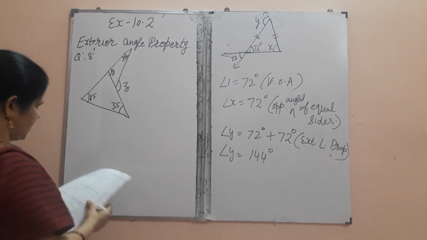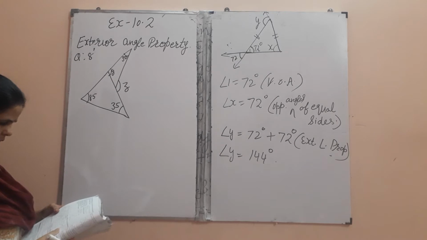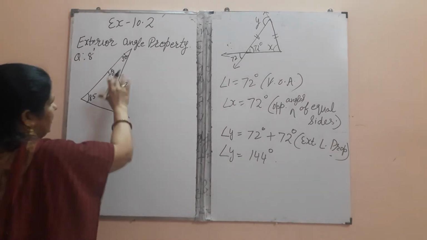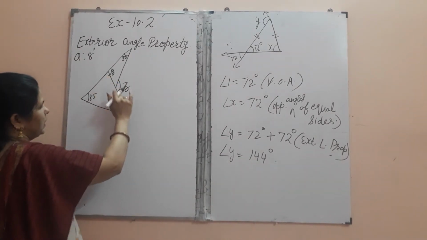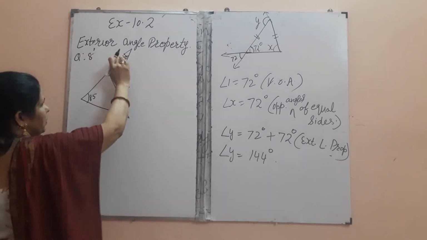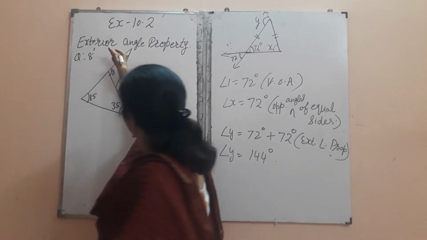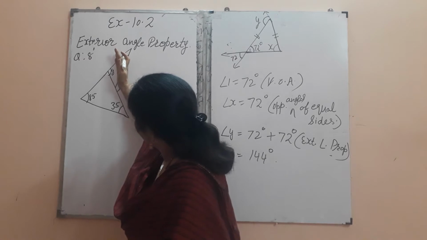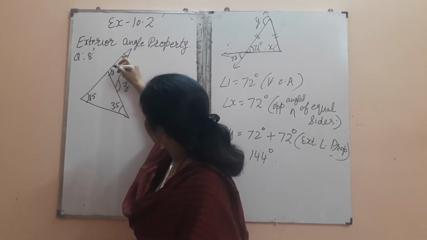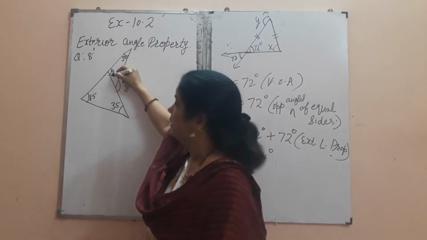Now it's very simple, children, only the diagram is a little different, but the question is simple. Now forget about these two lines. If we forget this line, then we can get that this y is the exterior angle.